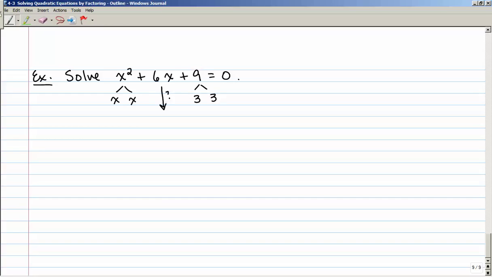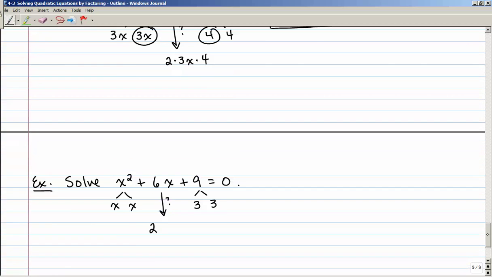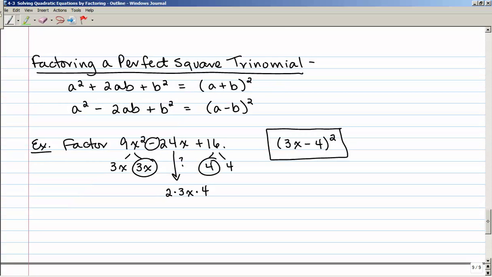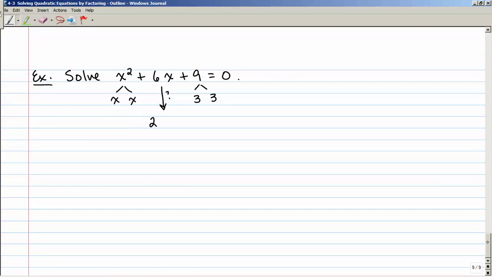Now, is the middle term 2, because there's always a 2, remember in our little formulas up here, there was a 2 in front of the ab, times one of these times one of these? And indeed it is. 6x is 2 times x times 3. So this is a perfect square trinomial, and it will factor into x plus 3 squared equals 0.